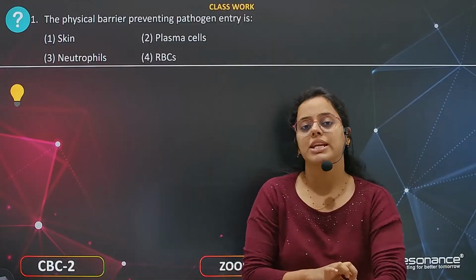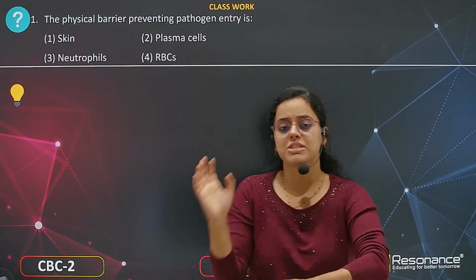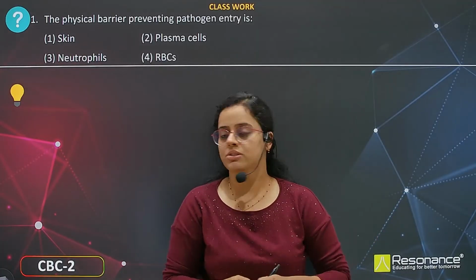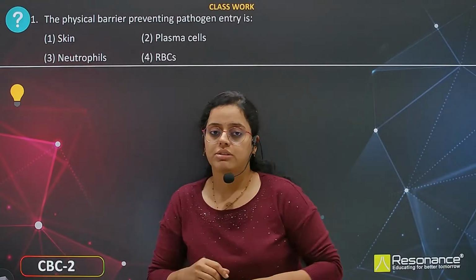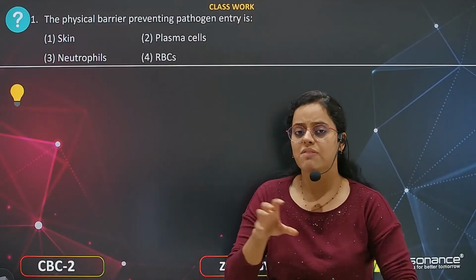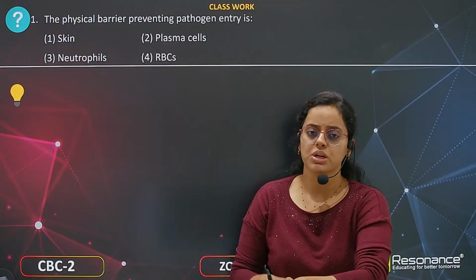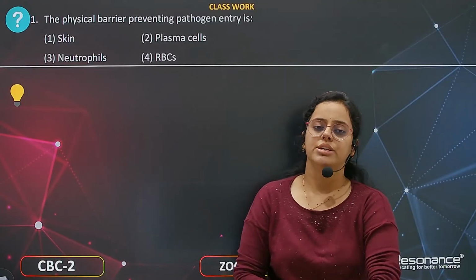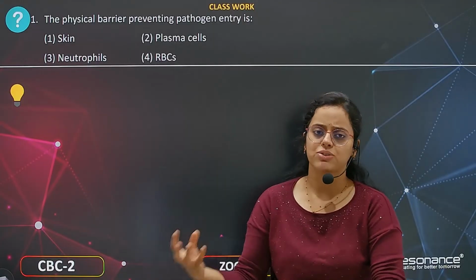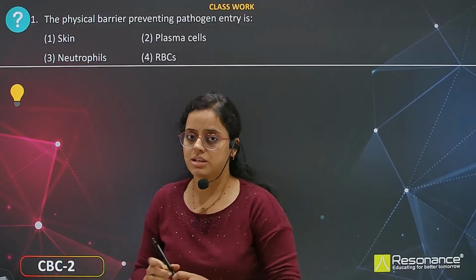Skin is an example of a physical barrier because it does not allow any pathogen present in the environment inside the tissue, because this epithelial tissue is tightly bound to each other. It doesn't have any intercellular spaces and the outermost layer is dead tissue. So bacteria, fungus, any protozoal infection or any kind of pathogen cannot enter the body. So here the skin is the correct answer.